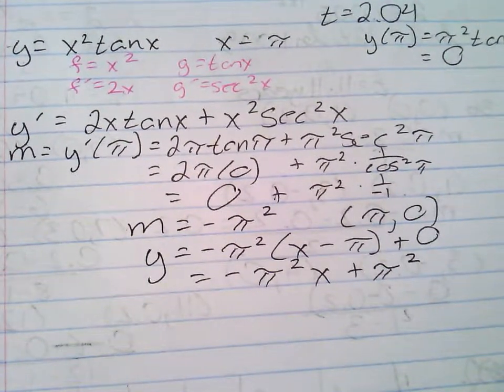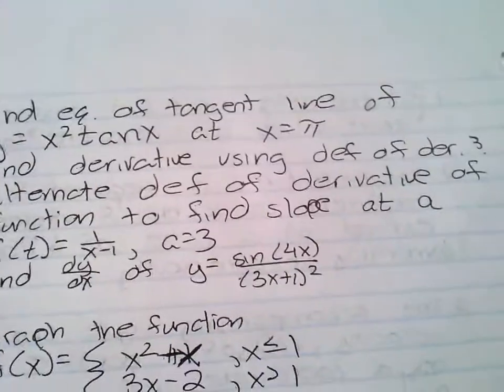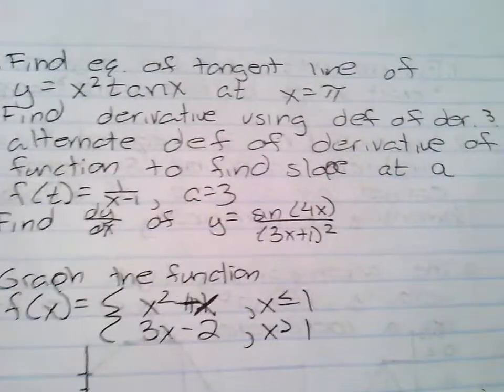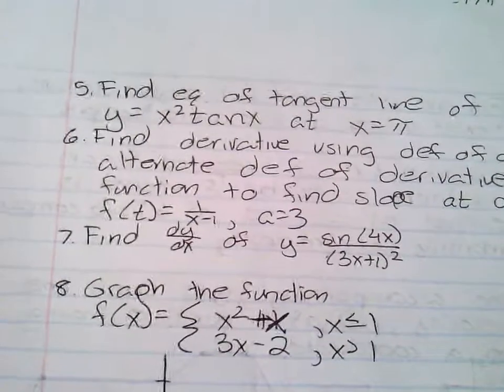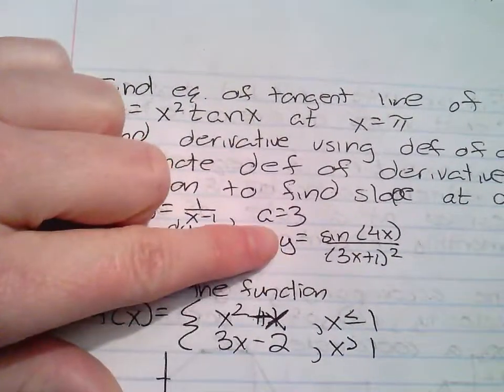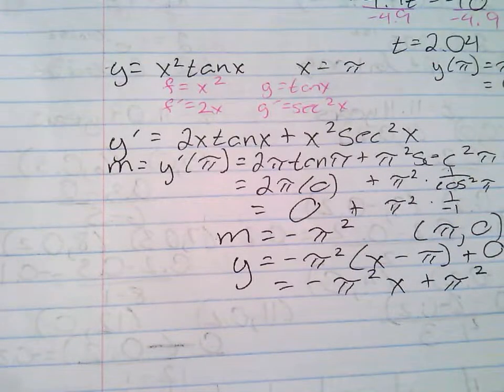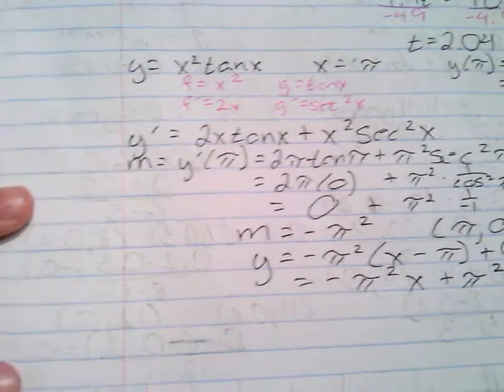Okay, next is find the derivative using the definition of the derivative and the alternate definition of the derivative of the function to find the slope at a. So pretty much you're just going to put a where you see x right there. Okay, definition of a derivative.